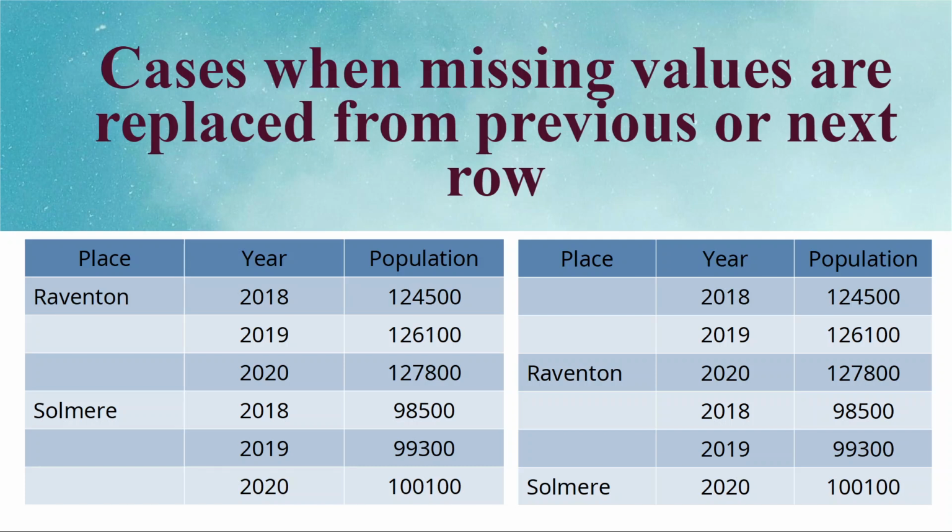Cases when missing values are replaced from the previous or next row. Here there are two data sets. You can see that in these two data sets, some of the rows are missing in the place column. This is because it is a repetition of the previous row, or it is the same as the next row.